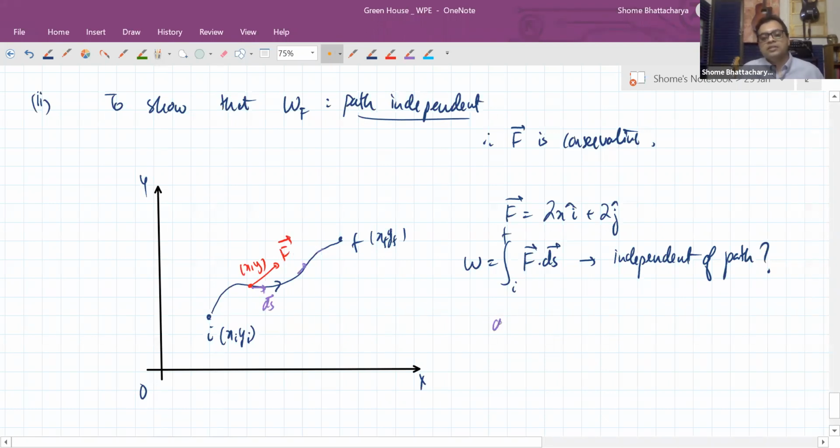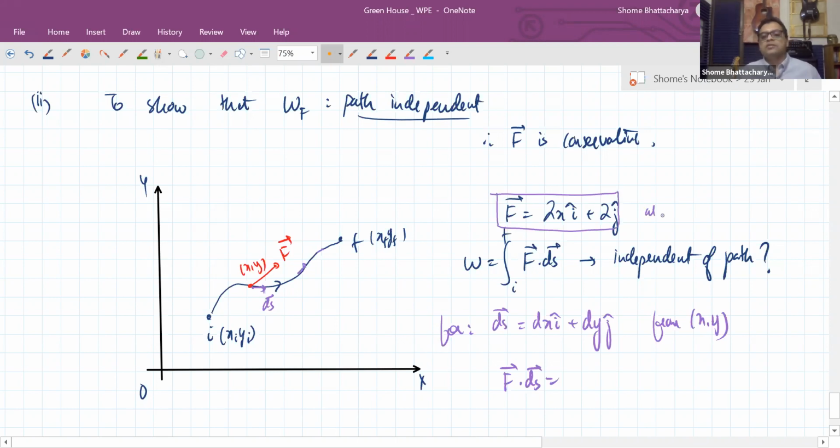So we can write the displacement as dx i cap plus dy j cap from a general point x comma y. So for a general displacement like this at the point xy, F dot ds is becoming how much? It is becoming the dot product of the value of force at that point, which is given by this formula.